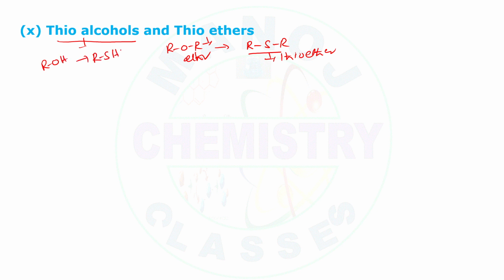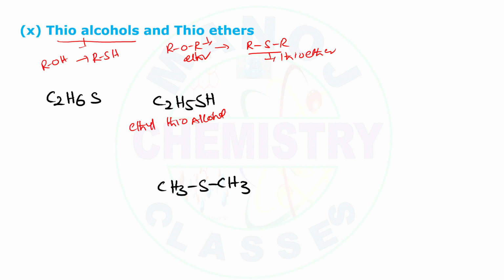The best example is C2H6S. This one is ethyl thioalcohol. If it is C2H5OH, we call it ethyl alcohol. Instead of oxygen, as it contains sulfur, this one is called ethyl thioalcohol. Similarly, this one is dimethyl thioether.